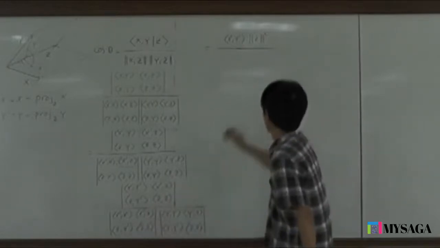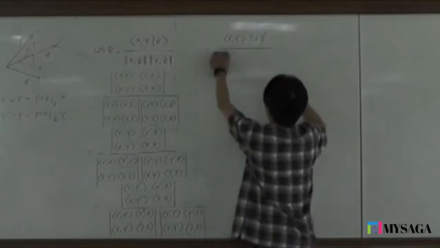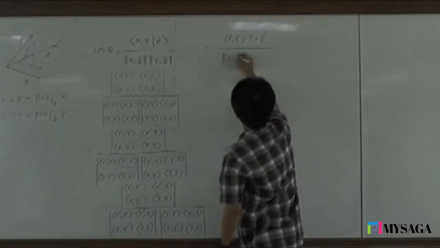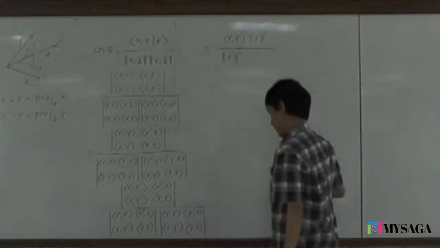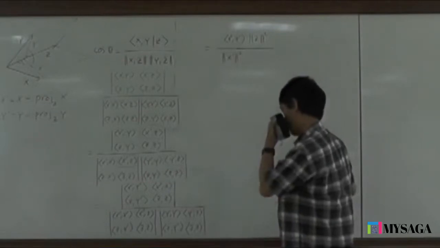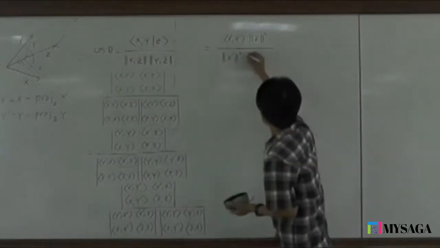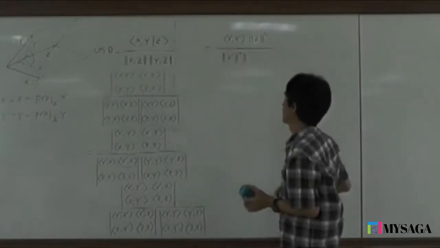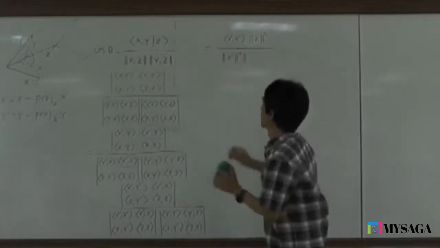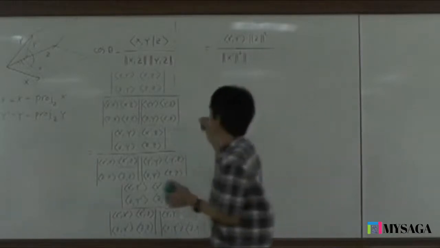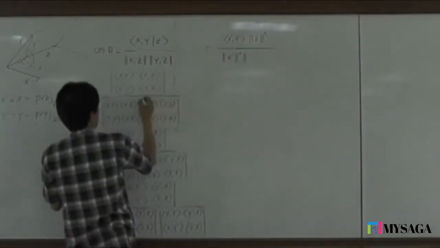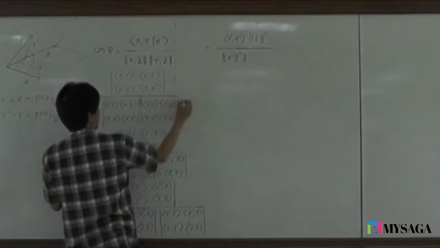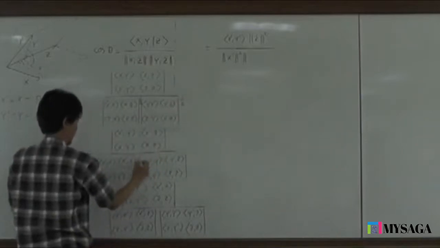So here we get norm of x prime squared times, I missed something. I missed a square, so I have to have a square root there.